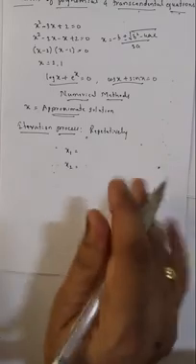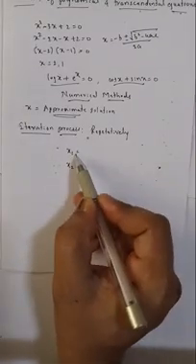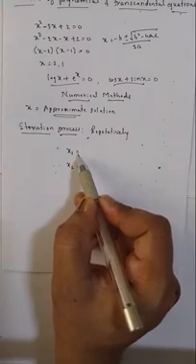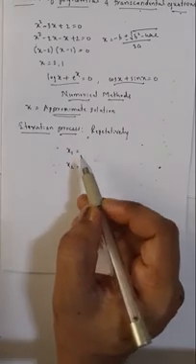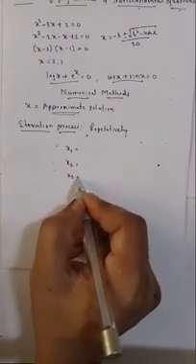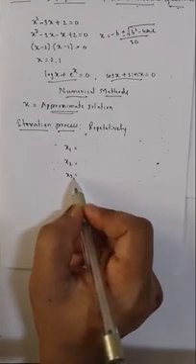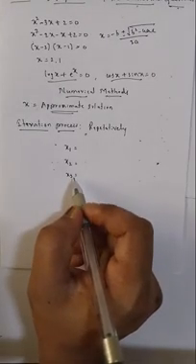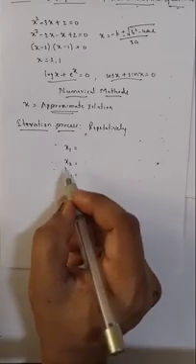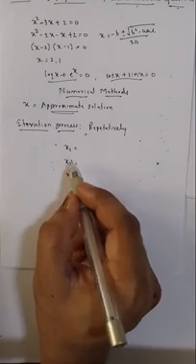Now we can say that x2 is a better approximation than x1. Then again I continue the same and get one more value of x that I denote as x3, and now we can say that x3 is a better approximation than x1 and x2.